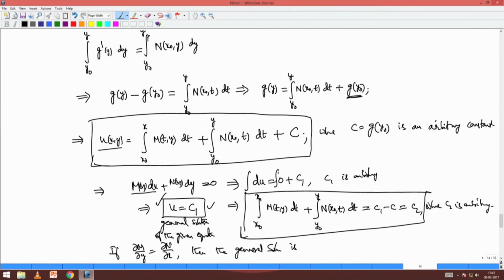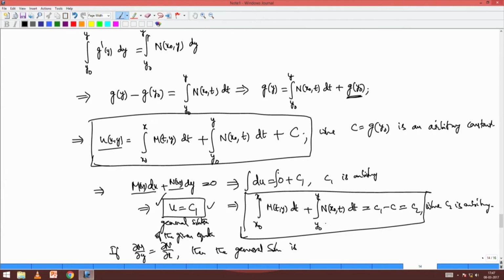For n, you fix x naught and you integrate with respect to the other variable, y. That means you are putting x as 0. If you take x naught equal to 0, then terms of n involving x may become 0. So in practice you integrate with respect to y only the terms involving y only, those will contribute.